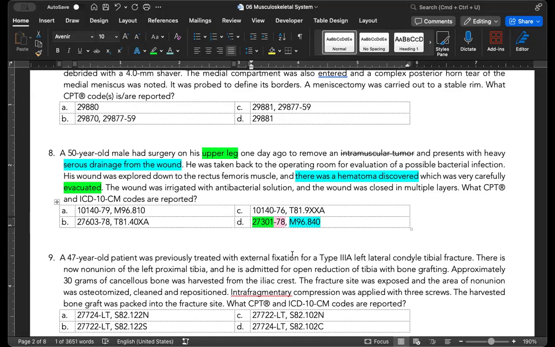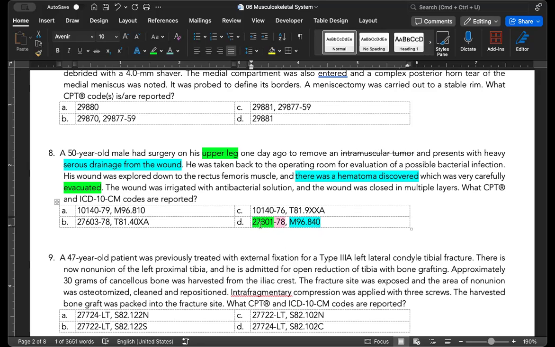So technically, in the real world, if we code that without a 78 and submit that to the insurance company, they're going to say, hey, we've already paid for that muscle tumor, the intramuscular tumor that was removed. That's more than likely got a 90-day global period. So for the next 90 days, any procedures that are done on that site should be included in the payment for that excision of that muscular tumor.